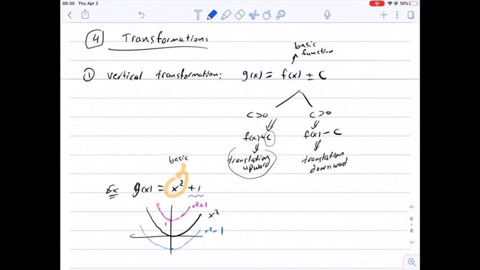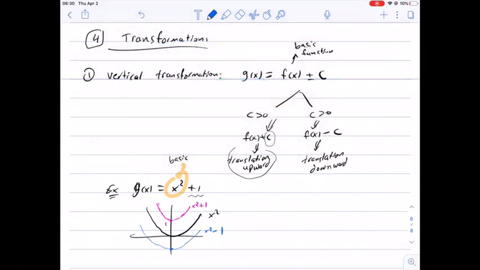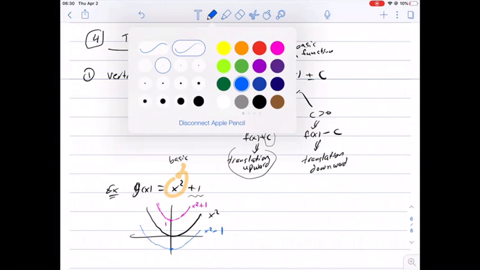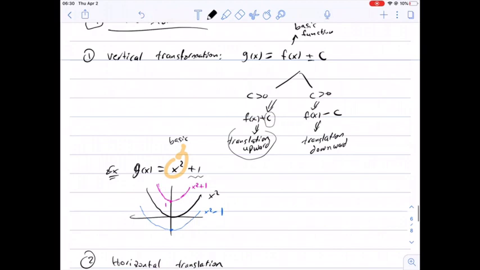So this is the effect of adding or subtracting a constant from the function. Now this is a vertical translation or transformation. Now we have horizontal translation.